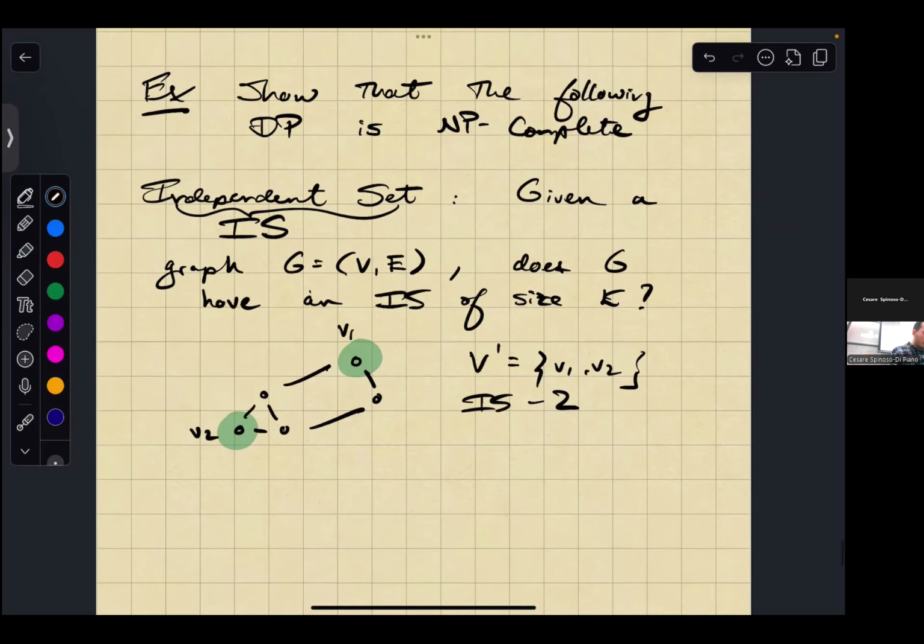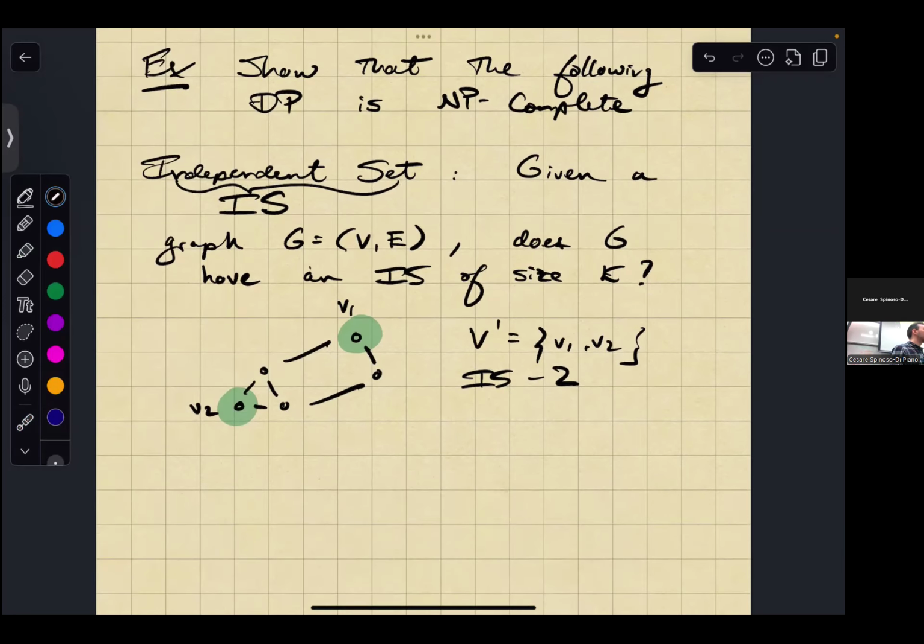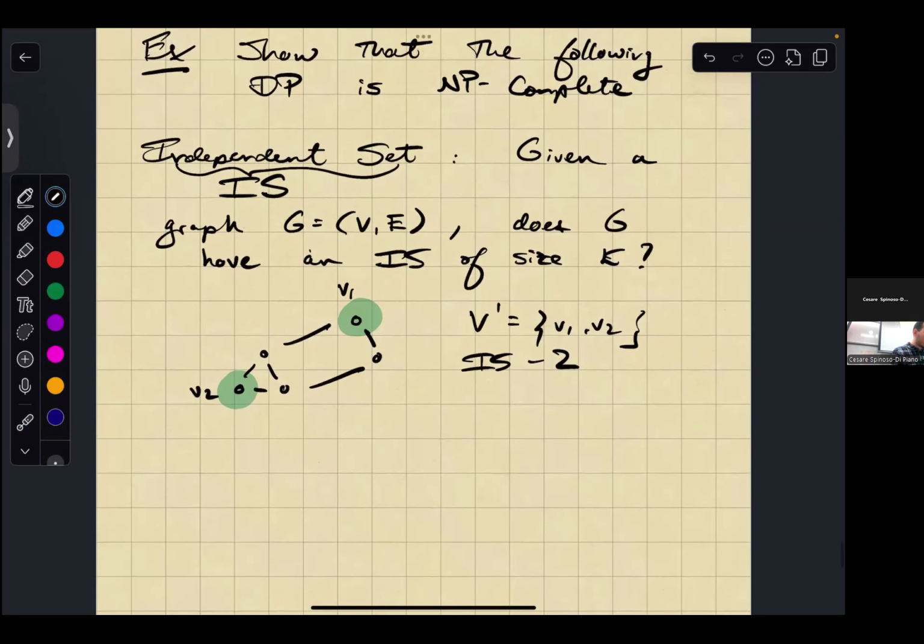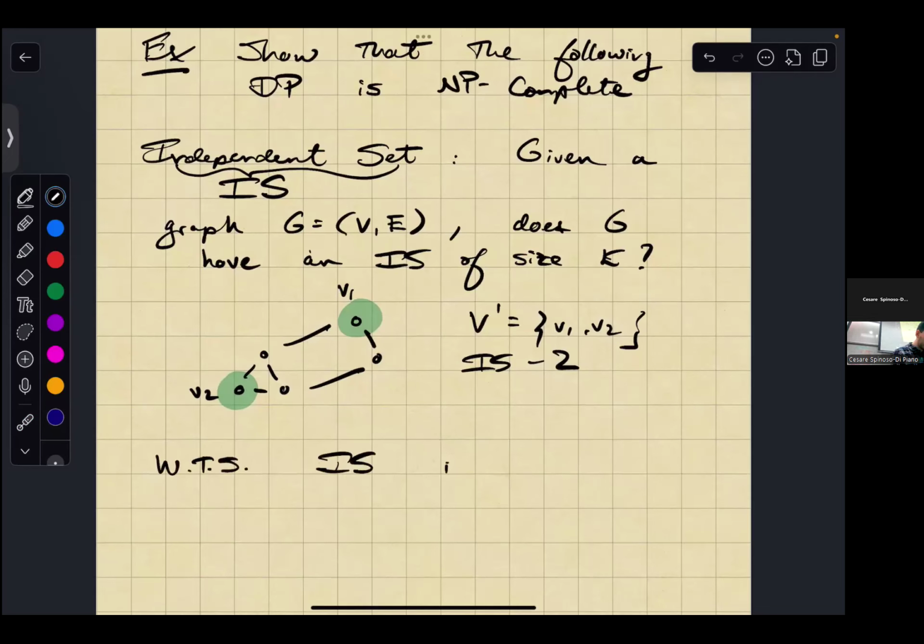Okay. So I want to show that this is NP complete, right? Which might be a bit surprising because you start to think, well, it feels like I could maybe design some quadratic algorithm to do this. I just do it for pairs of vertices. Doesn't really work, unfortunately. So instead, what I'm going to do is show that the independent set problem is NP complete.